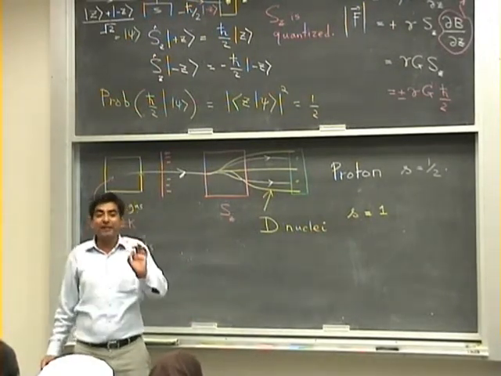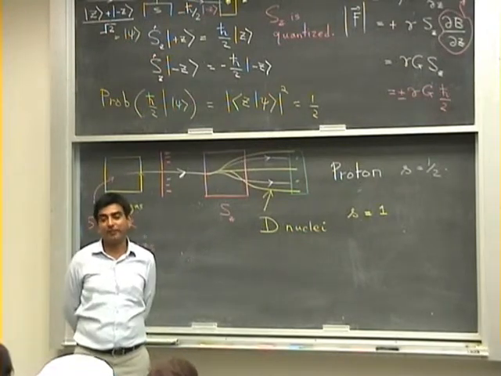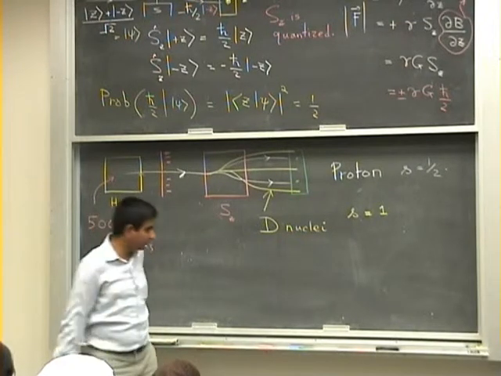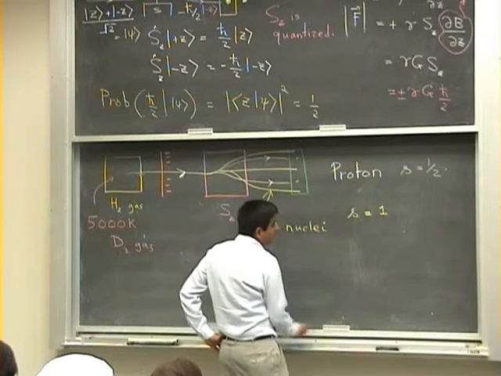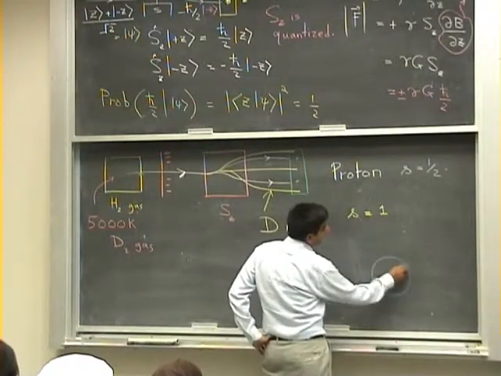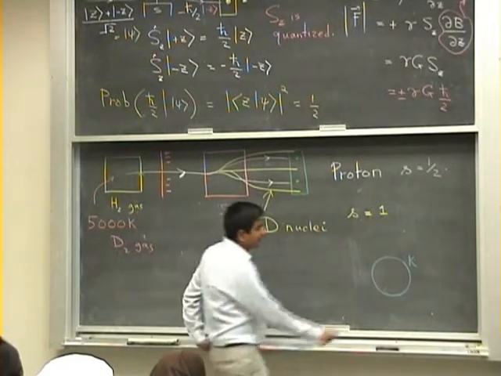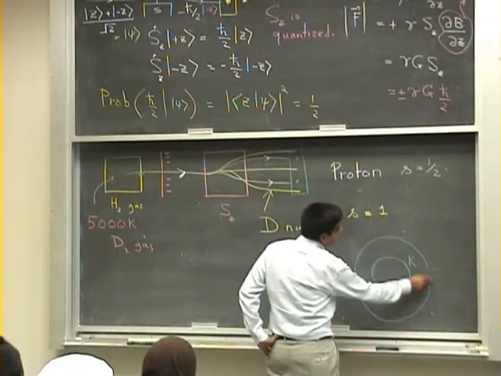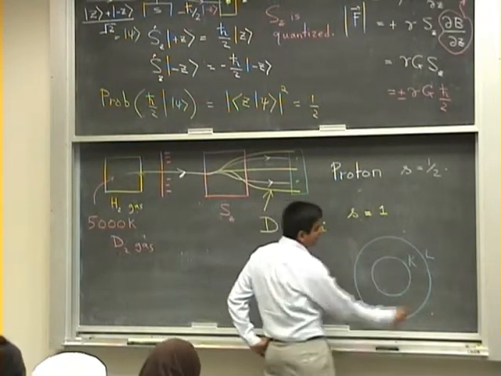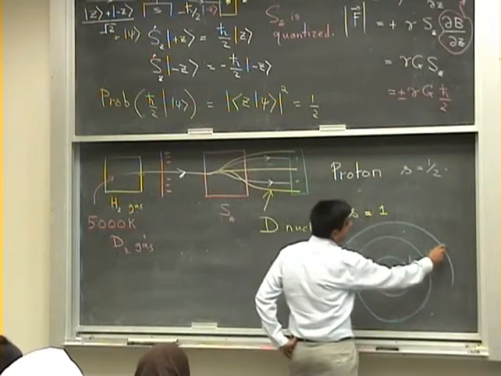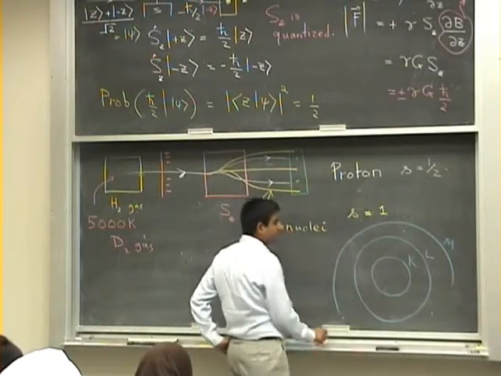An electron inside the hydrogen atom, for example, we'll learn about this later, but if an electron is in the K shell, it has a certain angular momentum. If the electron is in the L shell, it has another angular momentum. If it's in the M shell, it has some other angular momentum.